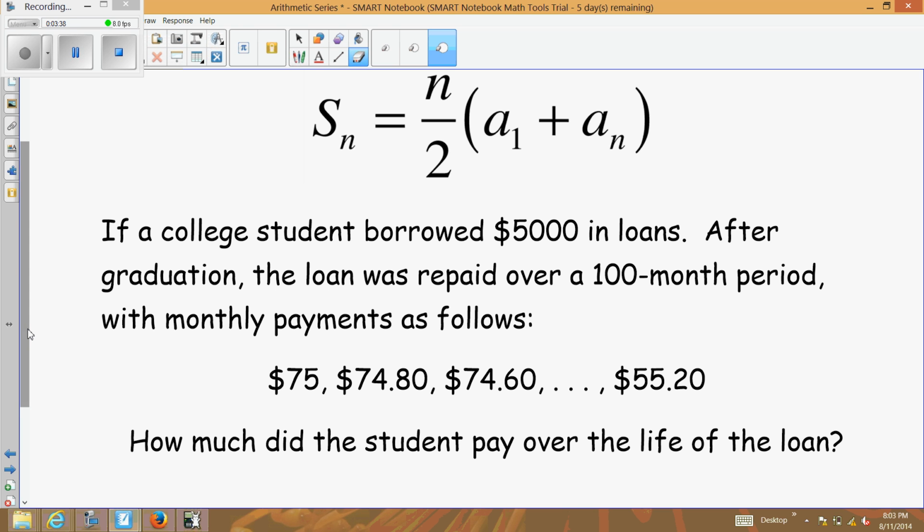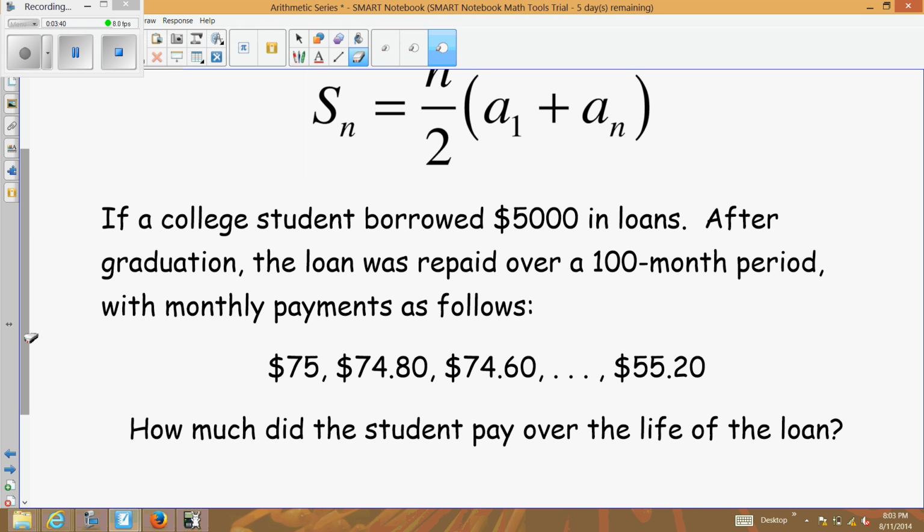All right, so we're going to look at this formula. N is the number of periods that you have, and this one would be 100 months. A1 is your first term, and AN is your last term, but you've got to know what N is.